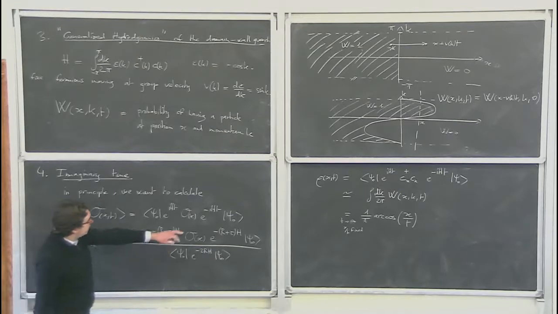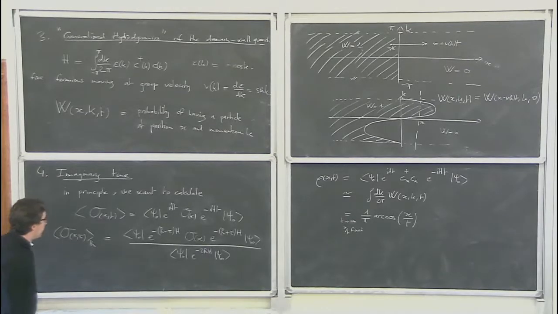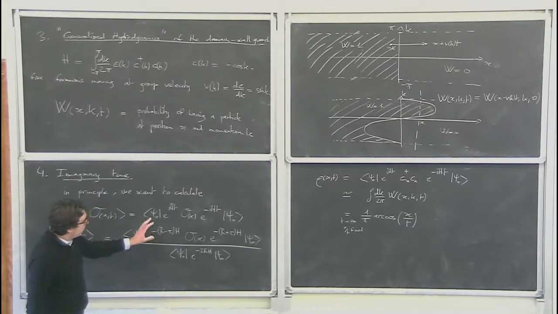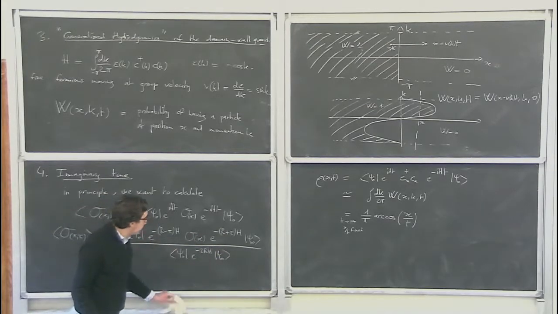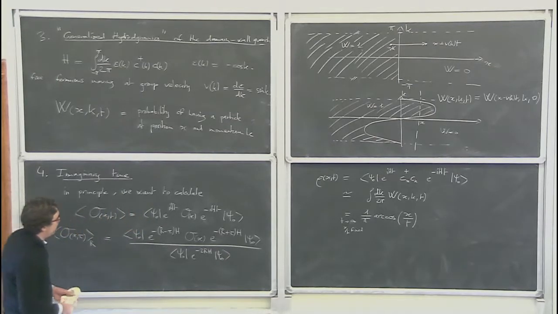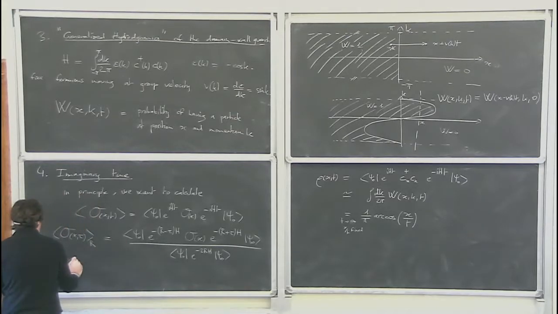Notice that there is no i anymore. We are going to calculate this by mapping the problem to some classical statistical mechanics problem in 2 dimensions.